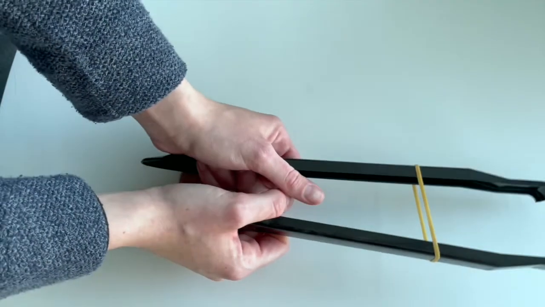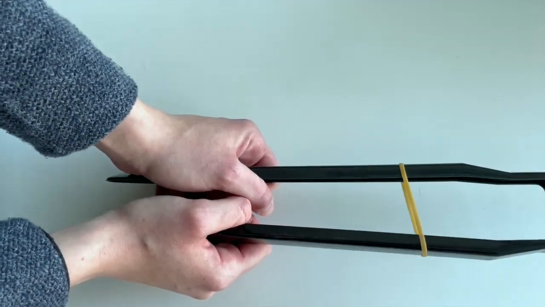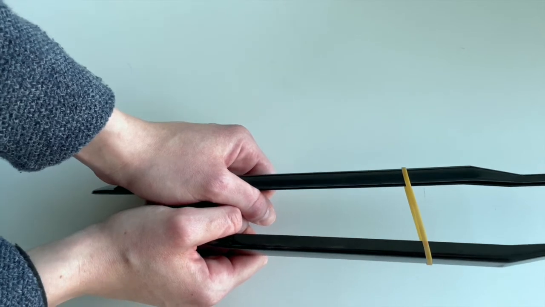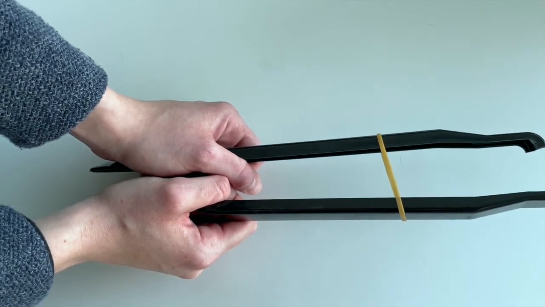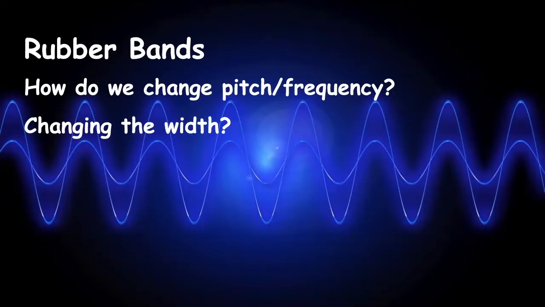The pitch changes as we change the length of the rubber band. What does adding length do to the pitch? So now you've seen how changing the length of the rubber band makes the pitch lower or higher.